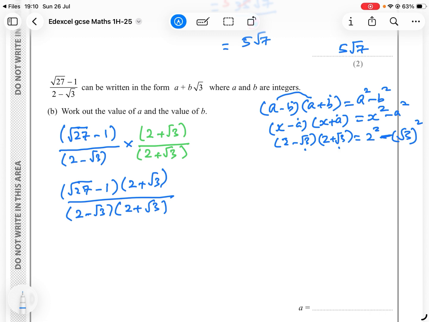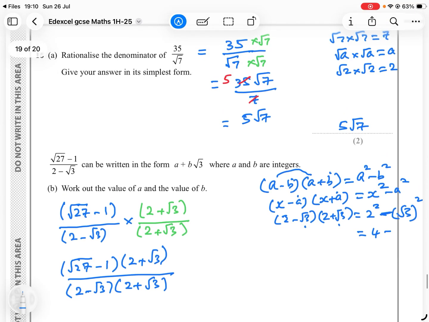So 2 squared is 4. Again I mentioned root 3 squared means root 3 times root 3, which is 3. So you can write 4 take away 3, which equals 1.